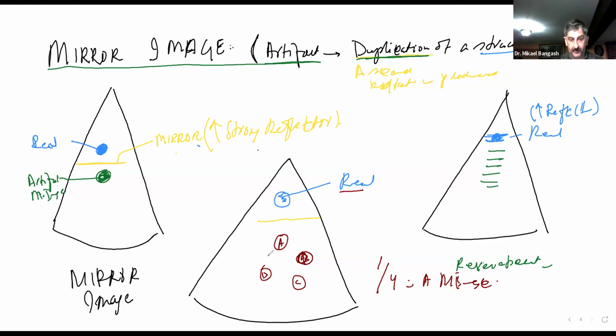The remaining three could be physically present. Or one of them will be physically present, and the others could also be a mirror image of one of the other structures. So looking at these four here, which do you think is the real mirror image, and which will not be?